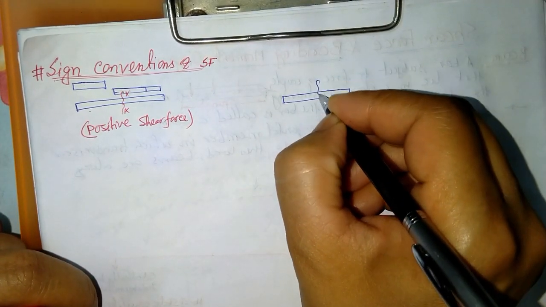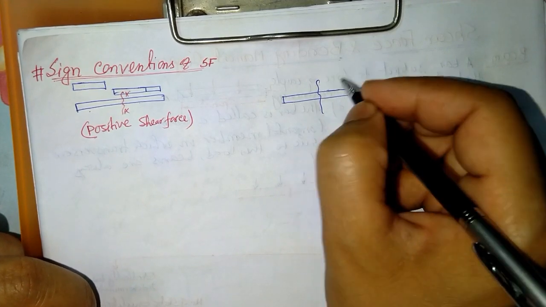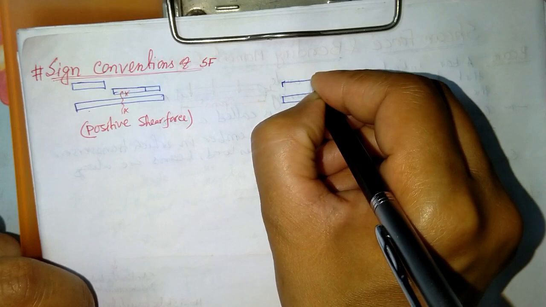On the other hand, if our left portion is going downwards and the right portion is going upward, then it is known as negative shear force.